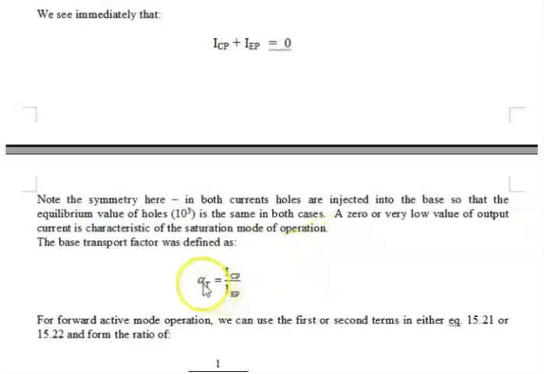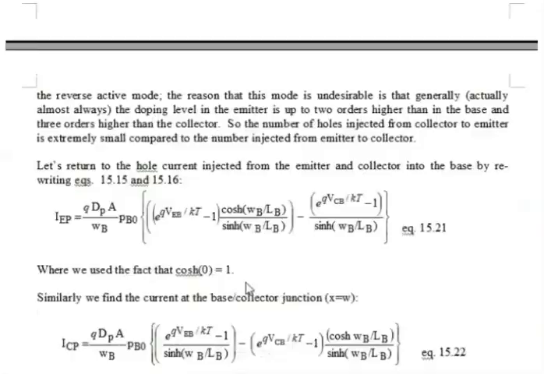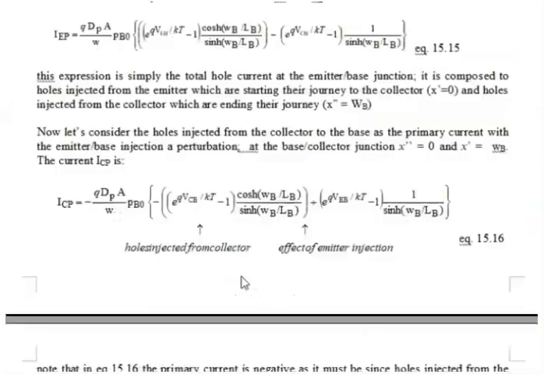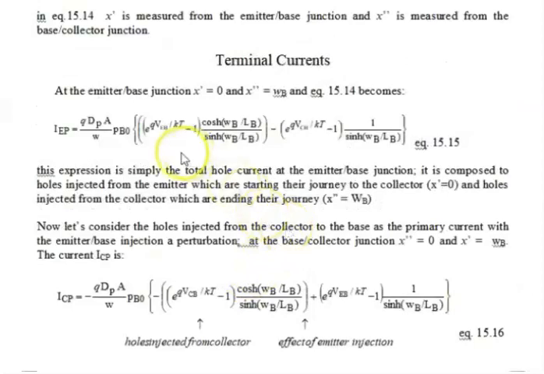Okay, good. So now we can look at the base transport factor, which we know is very, very close to 1. And we can take two components. We can go back to 15 and 16 and take the, I'm always going back and forth. I don't feel like writing these out again. It just takes too much effort. But we can take the ICP at the end of its journey, which is this term, and we can divide that by the IEP at the beginning of its journey.